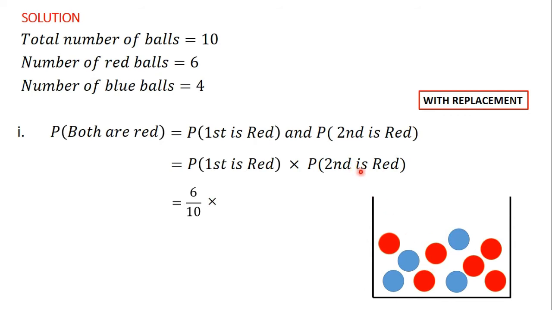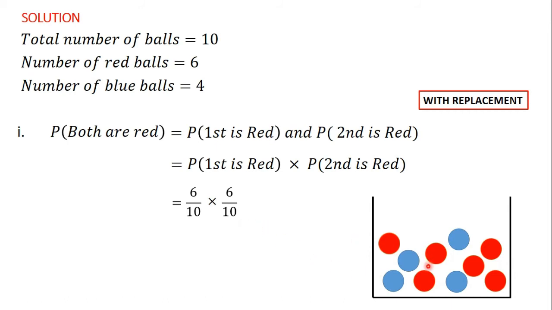So before we pick the second ball, we will still have 6 red balls and a total of 10 balls in the bag. So the probability that the second ball is red is also equal to the number of red balls in the bag, which is 6, divided by the total number of balls in the bag, which is 10.